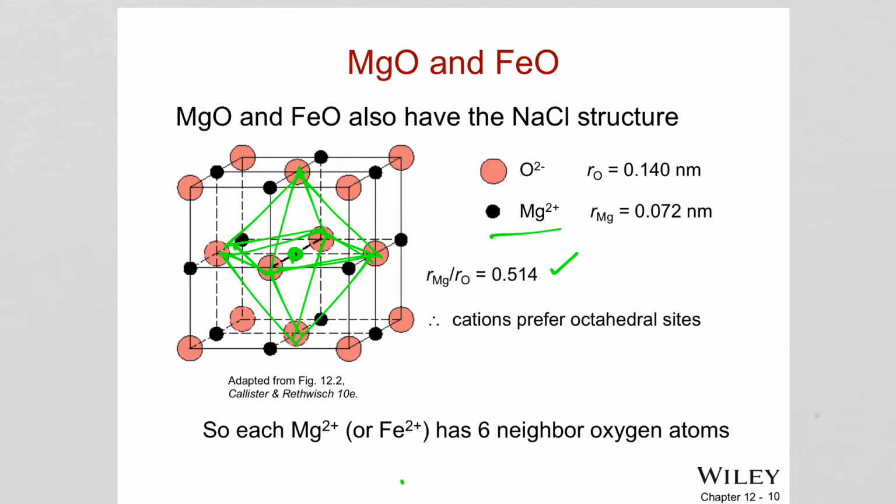In this case it is magnesium, and they both have 6 coordination numbers, which gives us the sodium chloride structure. So what we are seeing here is different types of ceramics having different coordination numbers based on their ionic radii, and based on that we can predict what type of crystal structures they will have.